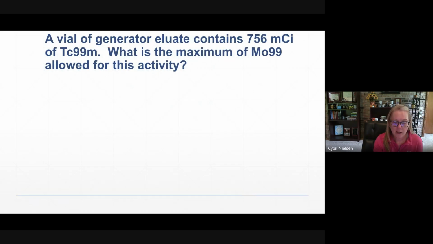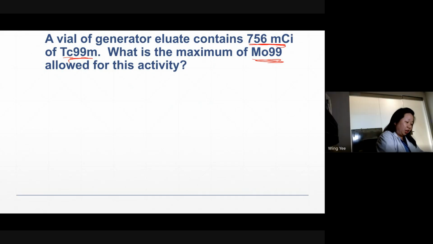We have a vial of generator eluate. It has 756 millicuries of tech. What is the maximum amount of moly we can have in this activity? How would you figure that out? X will be on top, and then 756 on the bottom equal to 0.15.